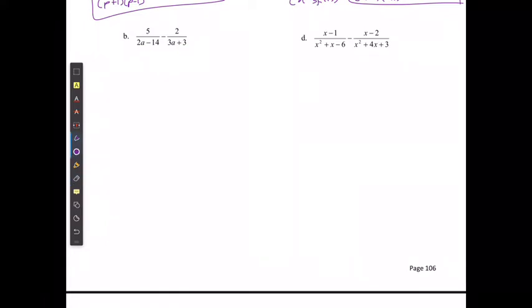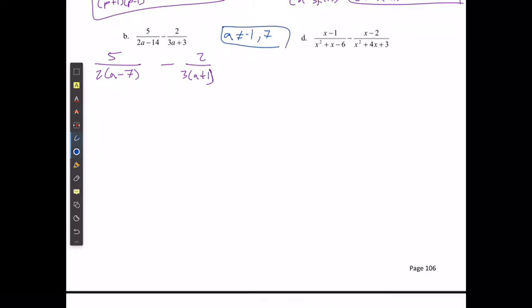And I'm going to say that I actually have 5 over 2 bracket a minus 7 minus 2 over 3 bracket a plus 1. In this case, a cannot equal negative 1 or 7.